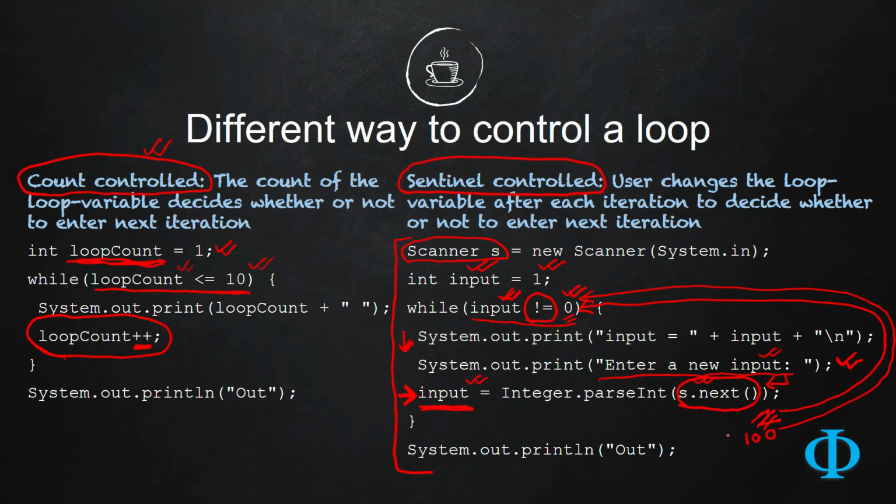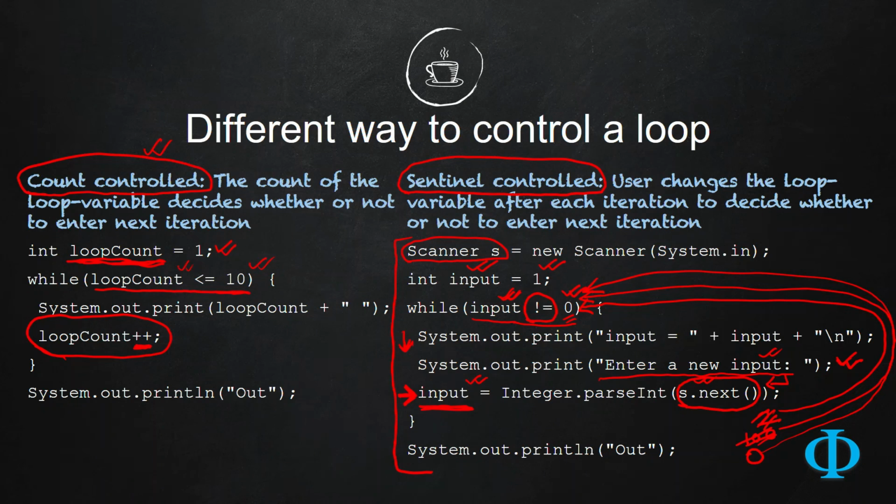Now this time let's say the user input is 0. Now whenever the user will input 0 over here, this 0 will be checked again inside this while loop condition, and whenever it will come here, it will see that well, 0 not equals 0.